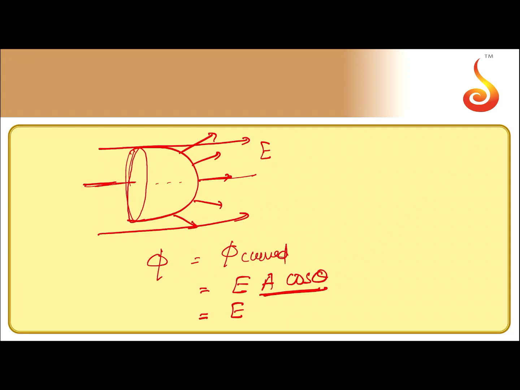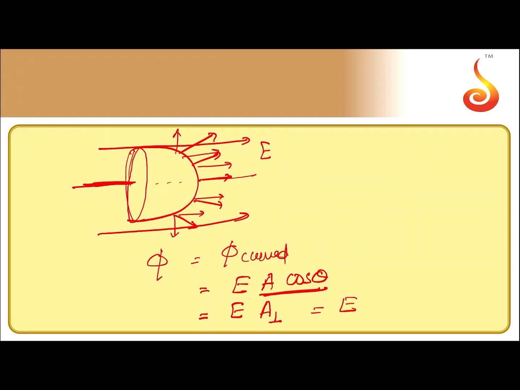However, if you take this A cos theta, that means I take the component of every A. What do I get? I get something like this. This A cos theta happens to be the perpendicular component of the curved surface, that means the part which is perpendicular to the axis.